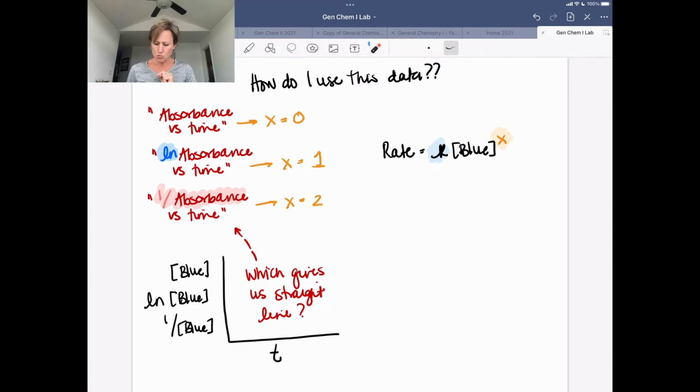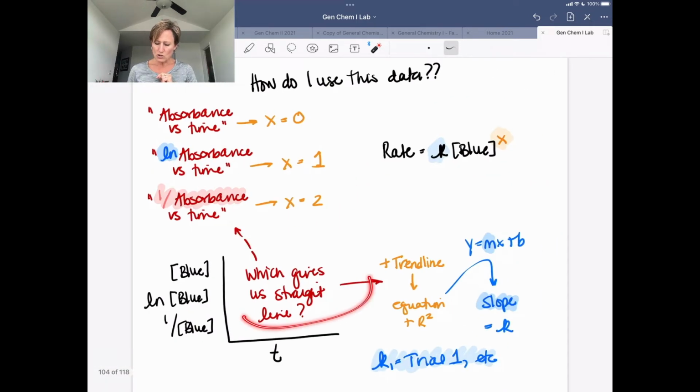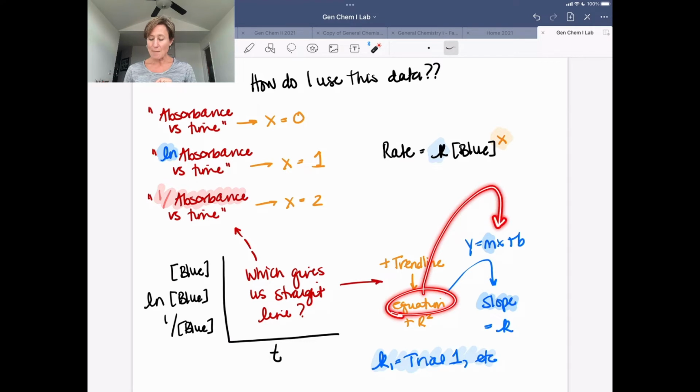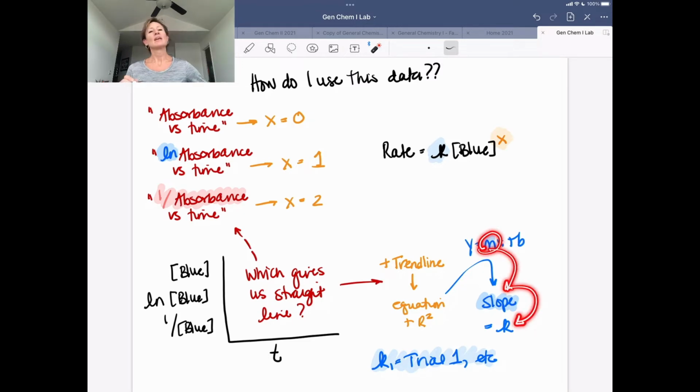The second part is, once you figure out which one is the straight line, you take the trend line, which has an equation, y equals mx plus b, where m is the slope. That number is your slope, that's your k, and it's going to have units of reciprocal seconds.